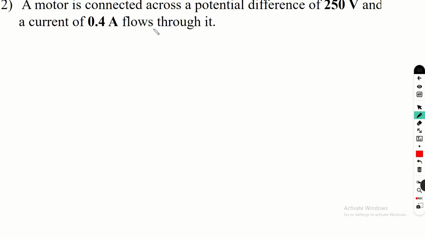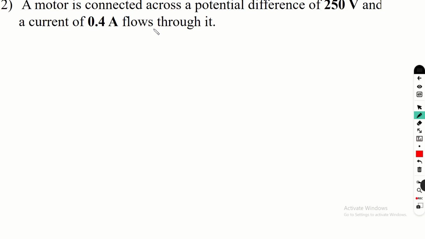I made a mistake in typing it, so you're supposed to calculate the power. You can pause the video and see whether you can calculate power using this equation. I believe you have done that and have the correct answer. So let's see what happens.